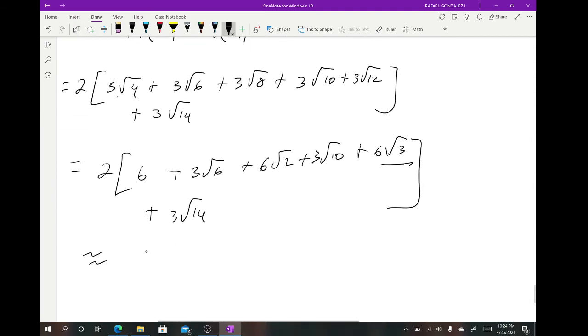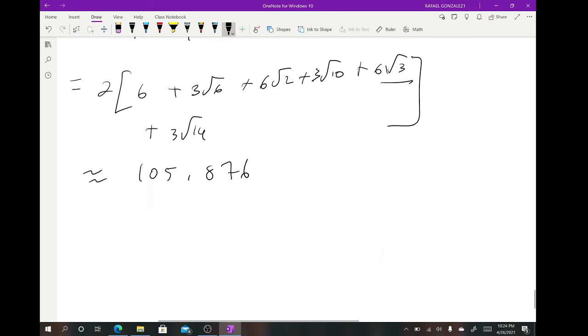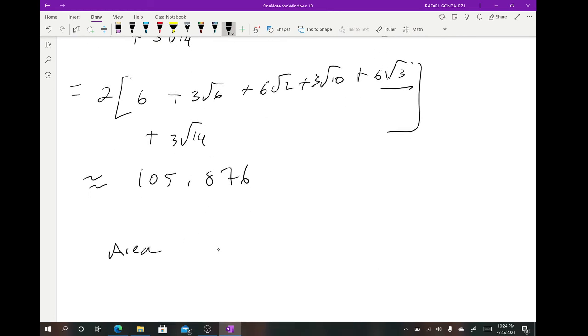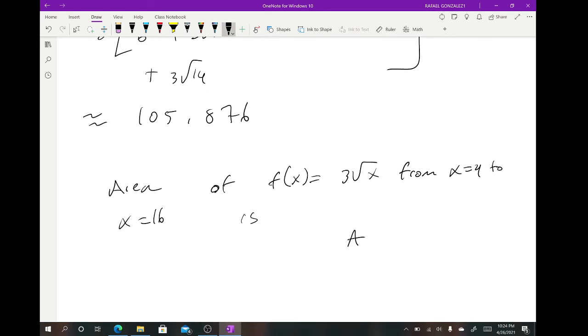And again, if you use a calculator, you get that this is approximately equal to 105.876. So now we know that the area of f of x equals 3 radical x from x equals 4 to x equals 16 is approximately trapped between 105.87 and 117.87.